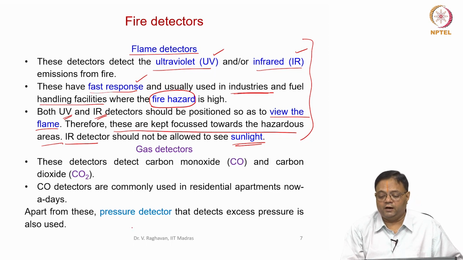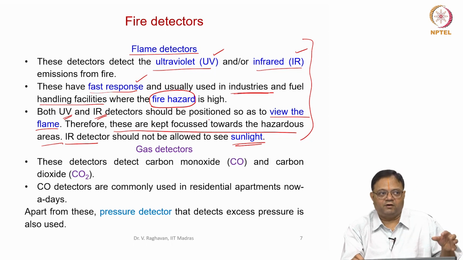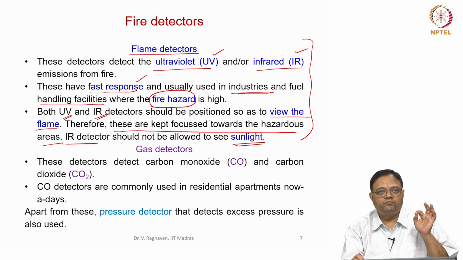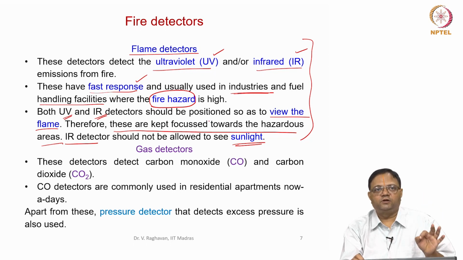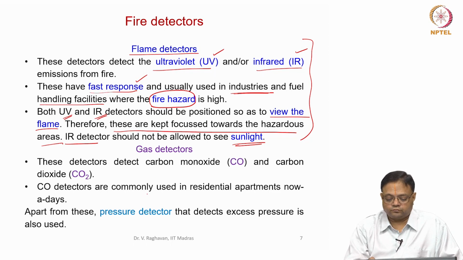But care should be taken to position or locate them so that wherever the flame initiates, they will be able to see the flame and detect the emissions of ultraviolet and infrared from these fires.